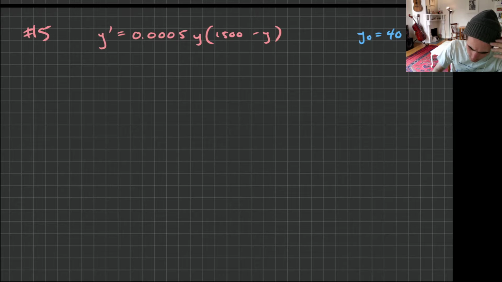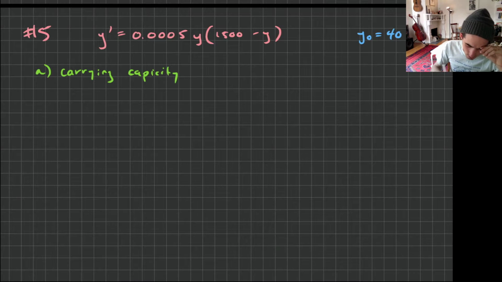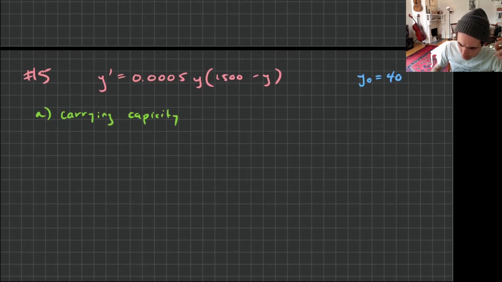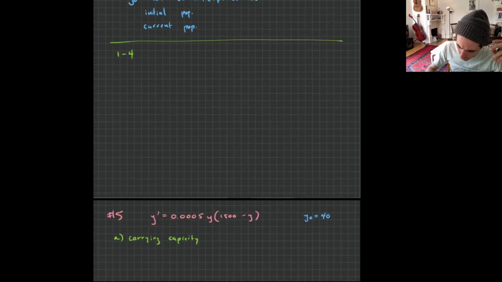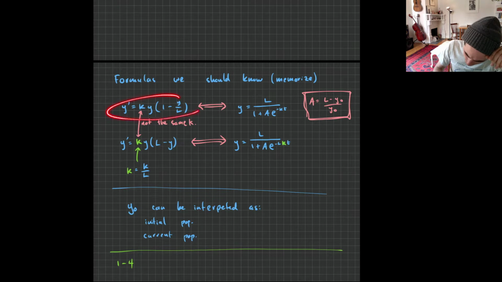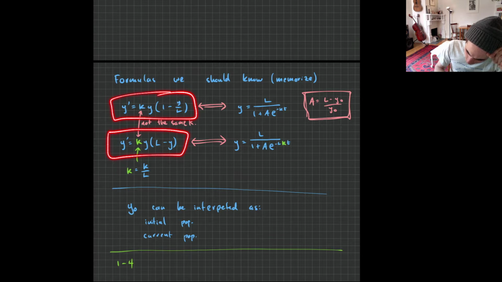Then we'll go through each one of these questions. Question A is, what's the carrying capacity? Well, that's just what L is. So let's talk about which version of the formula this one is written in. Since it's a differential equation, it's either going to be this one or this one.